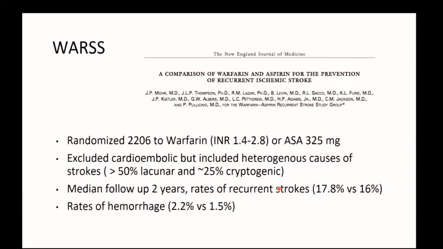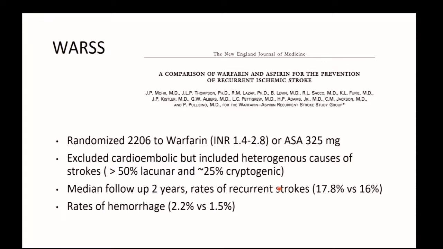They randomized more than 2,000 patients to two arms: warfarin, with the INR on the lower side, 1.4 to 2.8, which is definitely not the target that we'd use now for anything, versus aspirin 325 milligrams. By that time, remember, neurologists didn't pay that much attention to stroke etiology.